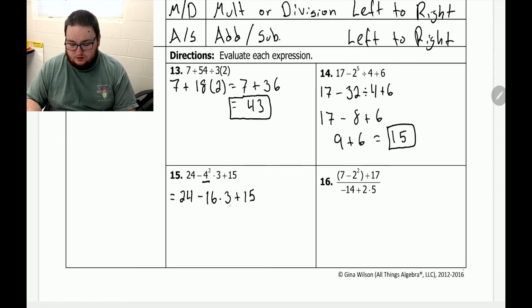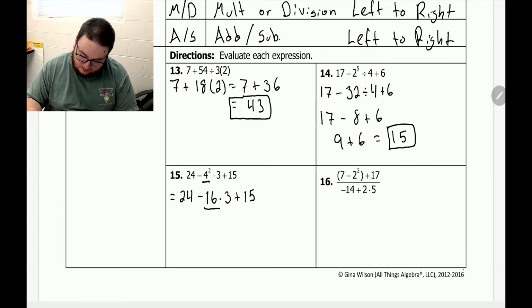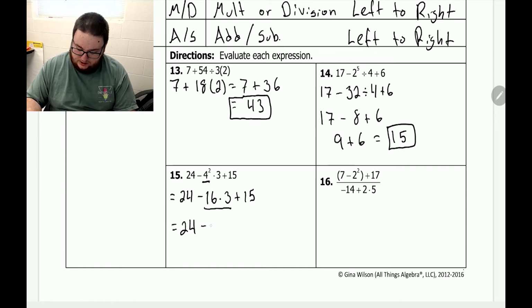Next, we move on to multiplication and division, since there's not any more exponents. So the only multiplication and division I see is 16 multiplied by 3. So we have 24 minus, 16 times 3 gives us 48, and we're going to add 15.